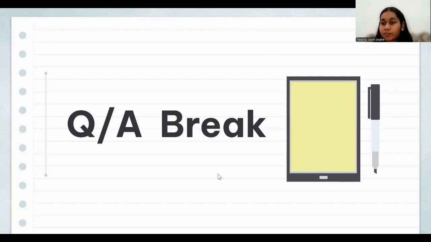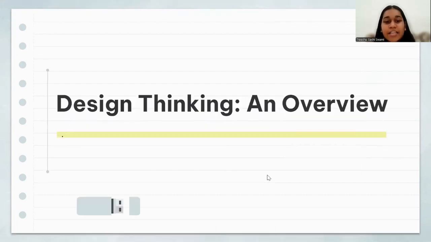So it's been wonderful looking at the research process and the structure of a research paper until now. And let's move on to design thinking. Design thinking is a very interesting concept. I love design thinking, and it is a very versatile concept that you can apply in every field and to solve pretty much any problem.